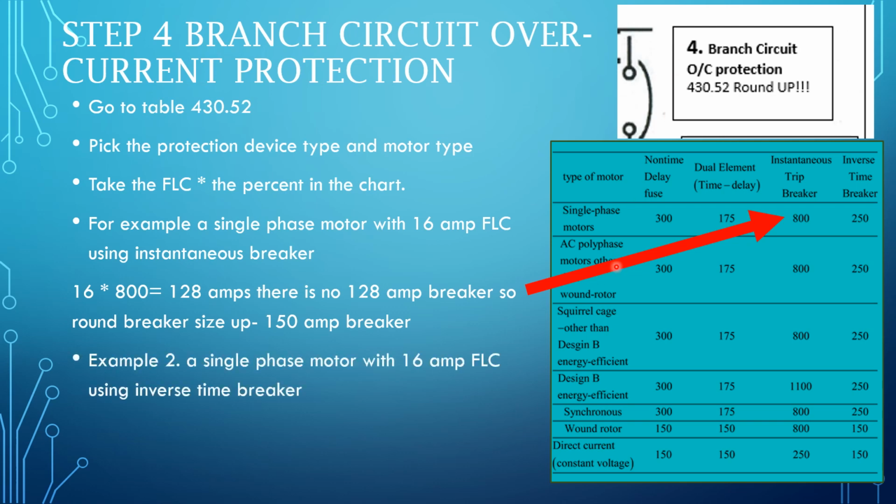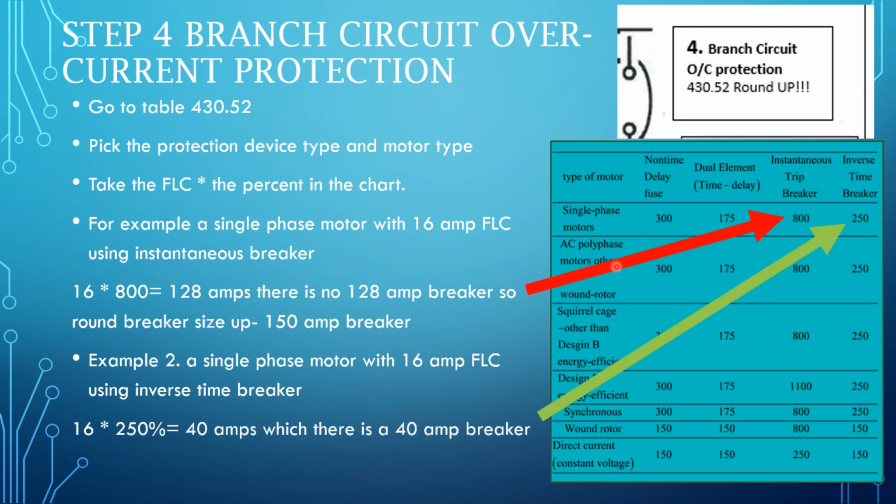So for example, with that same 16 amp load using an inverse time breaker, we only have to multiply by 250%. And that's going to equal 40 amps, which still is a good bit more than 16 amps, but it feels a whole lot better than putting in a 150 amp breaker for a single 16 amp load.